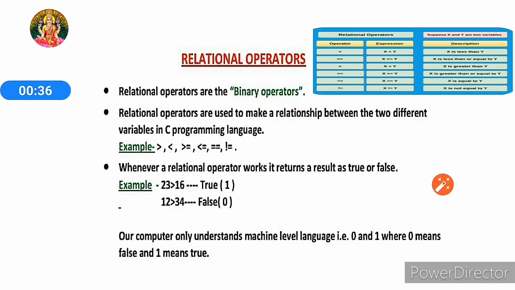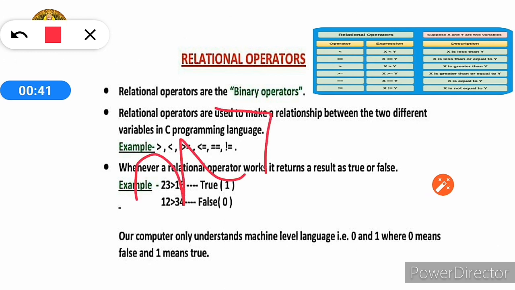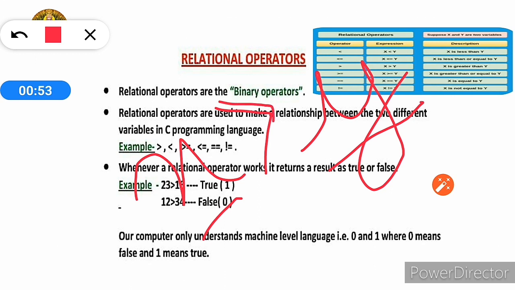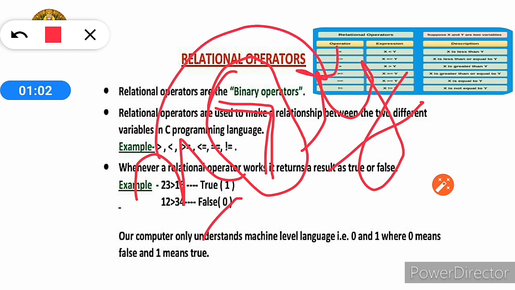For example, x greater than y. Considering that x is an integer variable and y is also an integer variable, we make a relationship between the two, which is greater than. So greater than becomes a relational operator as it relates the two operands. And a relational operator only works if the two operands are present.